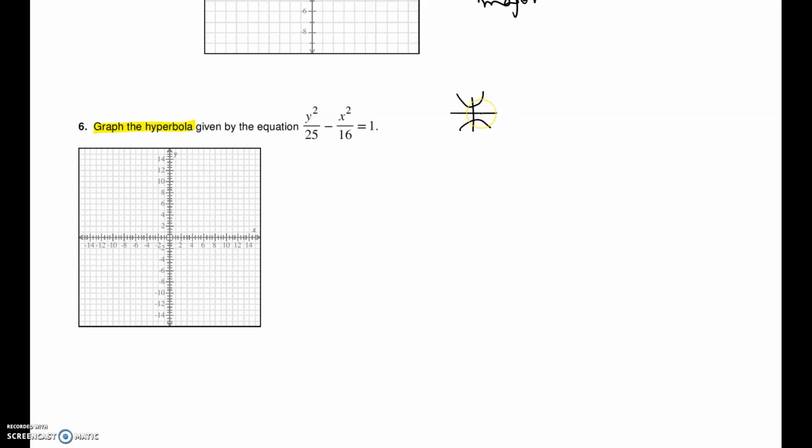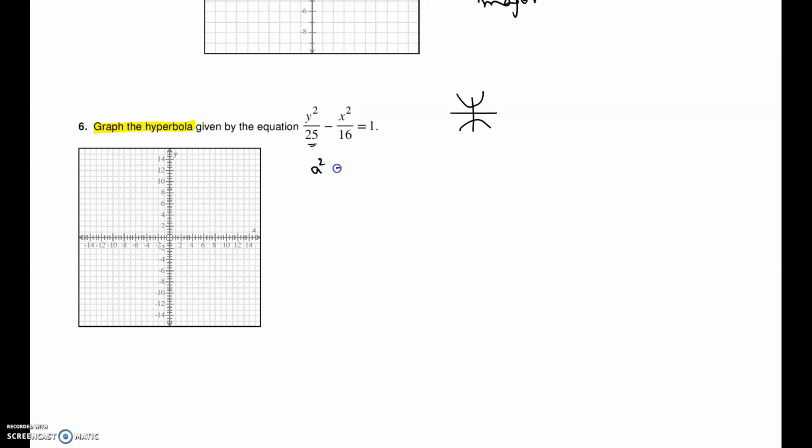The branches of the hyperbola will be cutting the y-axis. So whichever has a positive coefficient, if the coefficient in front of y squared is positive, the branches will cut the y-axis.